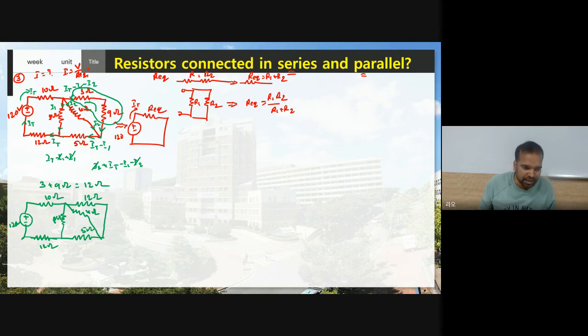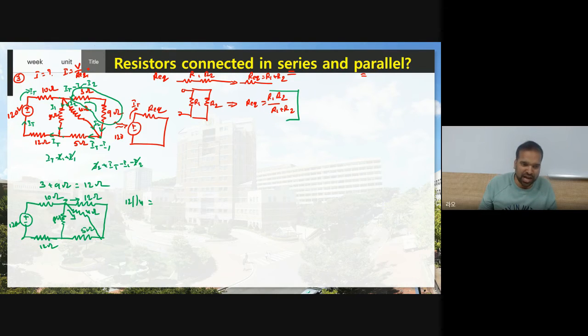Now see here, suppose let us assume the current is coming here. After coming here, some of the current is going to the 12 ohm and some of the current is going to the 4 ohm. So the current is different, right? Therefore this 12 and 4 ohm are connected in parallel. If the current is different, these two are connected in parallel. So you know the formula of parallel, R1 R2 by R1 plus R2.